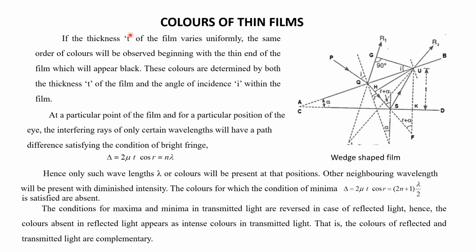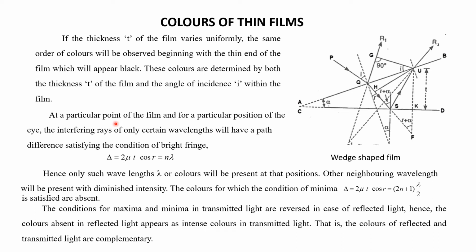If the thickness t of the film varies uniformly, the same order of colors will be observed, beginning with the thin end of the film, which will appear black. These colors are determined by both the thickness t of the film and the angle of incidence i.